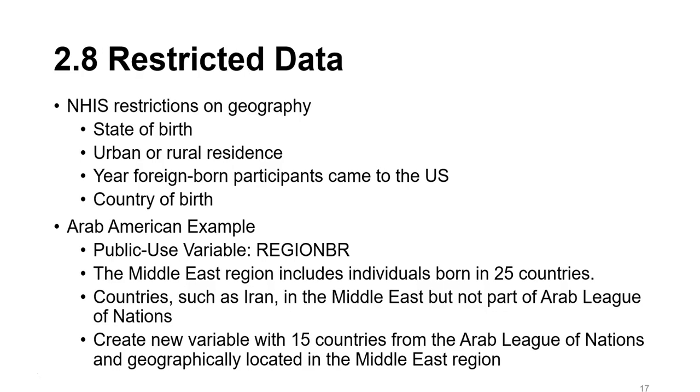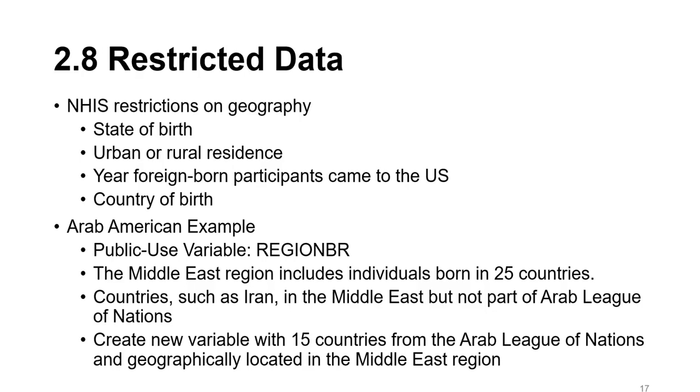Whether or not a participant lives in an urban or rural residency is restricted as well. Among foreign-born individuals, their country of birth and year the participant came to the U.S. are also restricted. My colleagues and I have previously conducted research on Arab Americans looking at the country of birth as a restricted variable in the NHIS.